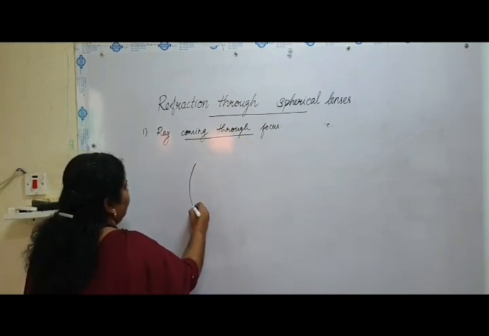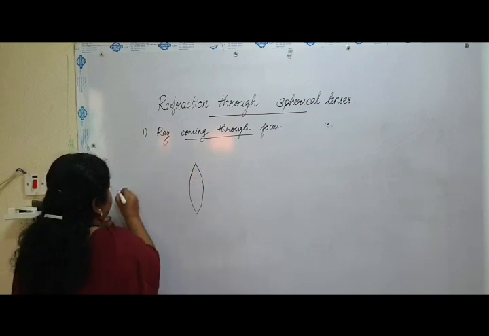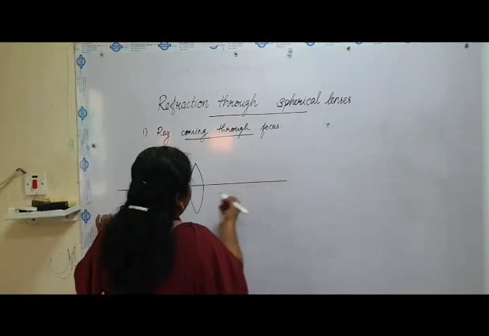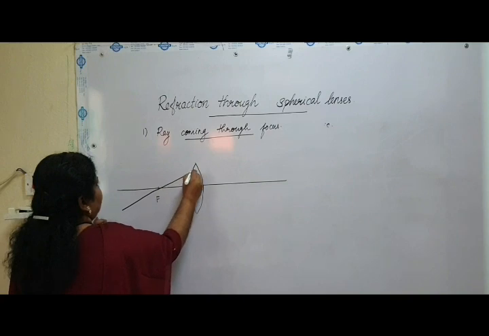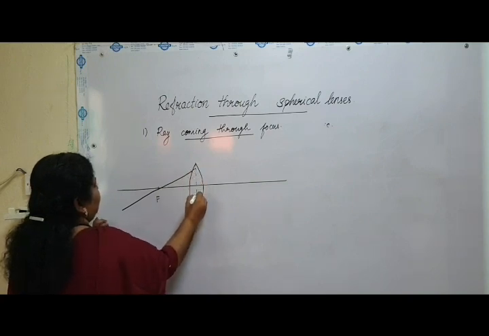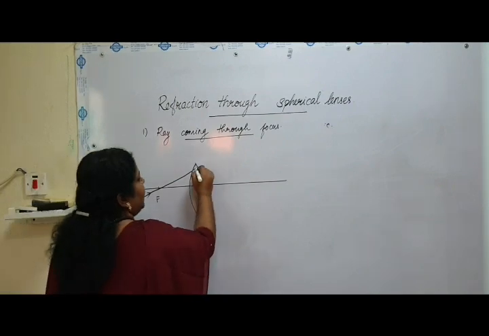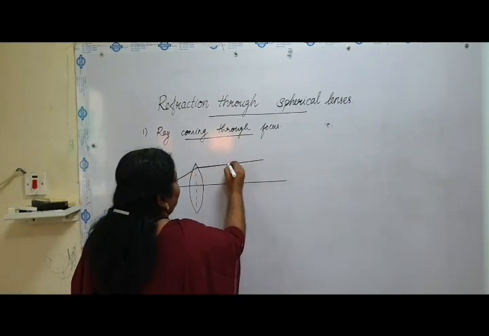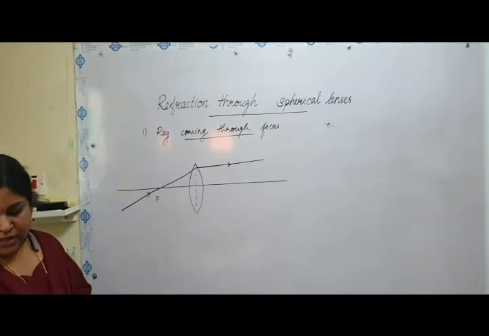So first we will draw a convex lens. This is the principal axis. Here it is the focus. So this is the ray which is coming through the focus. After refraction it will go parallel. So that is for a convex lens.